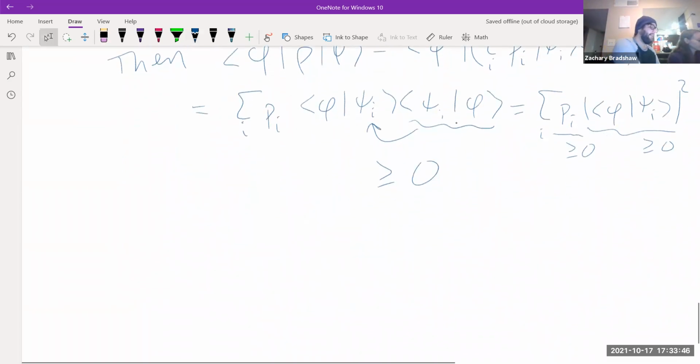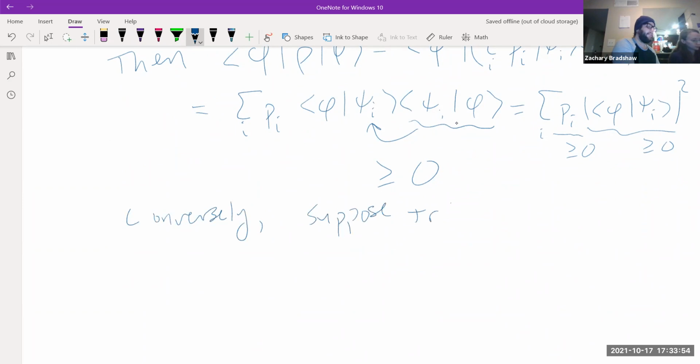So conversely, suppose the trace of my matrix rho is equal to 1, and it's positive semi-definite. Now I want to prove that this thing comes from an ensemble of pure states.